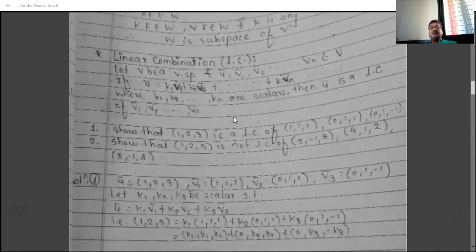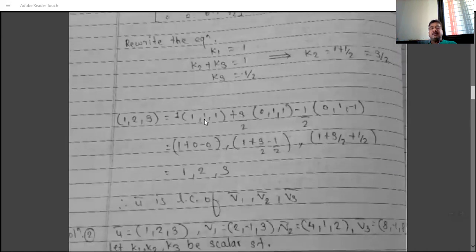When we say one vector is a linear combination of the remaining 3 vectors, or 2 vectors, or 4 vectors, the values of K1, K2, K3 exist, either unique or infinitely many.